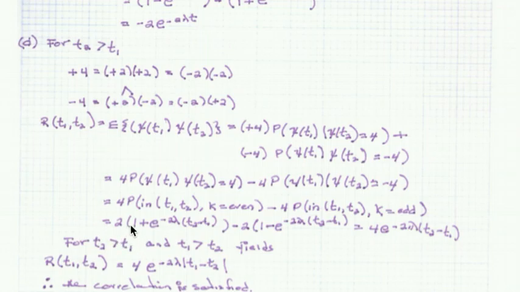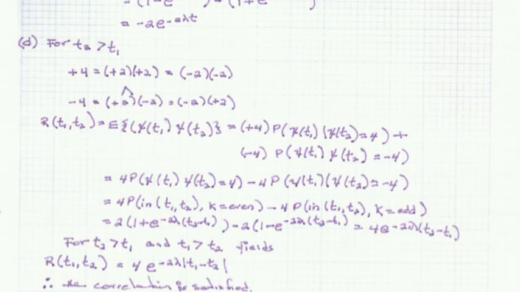It was equal to this, 1 minus e to the minus 2 times the quantity of 1 minus e to the 2 lambda times the quantity T2 minus T1, which is equal to 4e to the minus 2 lambda times the quantity T2 minus T1. So this is the autocorrelation.